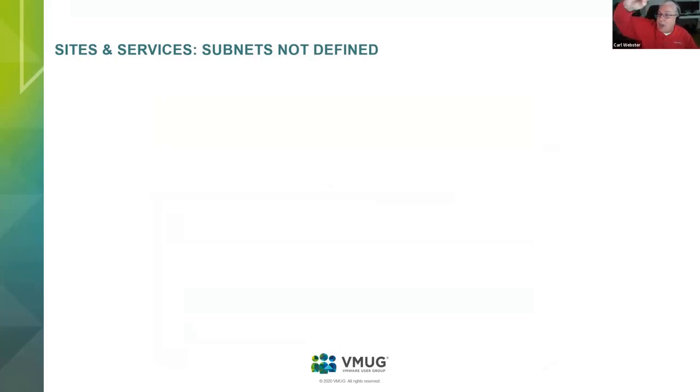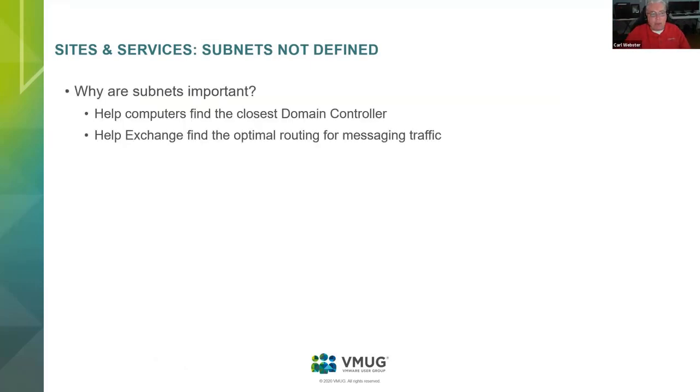One may be 51% and one's 49%. But this is so critical. So why are subnets important? Well, they help computers find the closest domain controller. And for Exchange, if you're still running on-premises Exchange, they help Exchange find the optimal routing for email traffic.